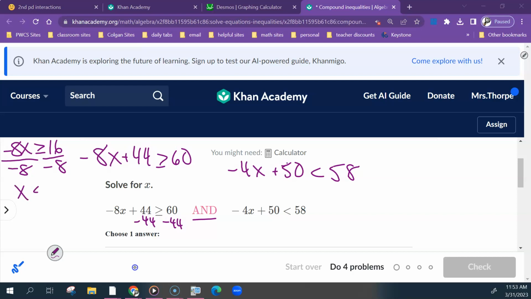This sign is going to change directions. And then do the other. Subtract 50. So negative 4x is less than 8. And divide on both sides, and your sign is going to change again.